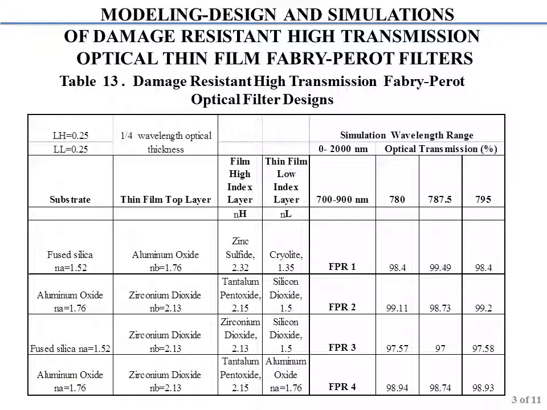Our high and low index layers are zinc sulfide and cryolite respectively. Simulation wavelength 0 to 2000 nanometer, and focusing on 700 to 900 nanometer with a midband between the 780 and 795 input-output of the rubidium laser, at the midband of 785.5.